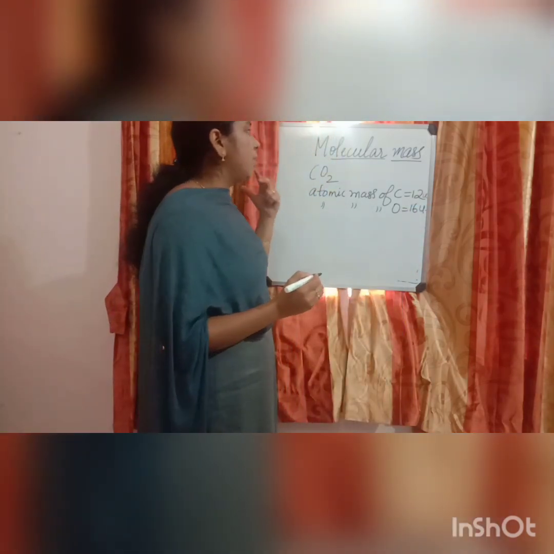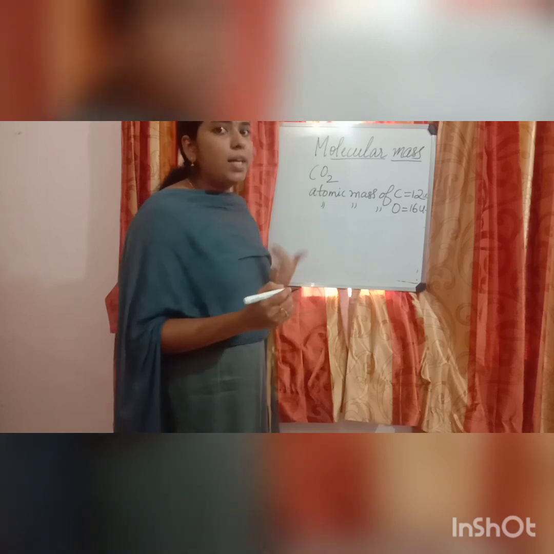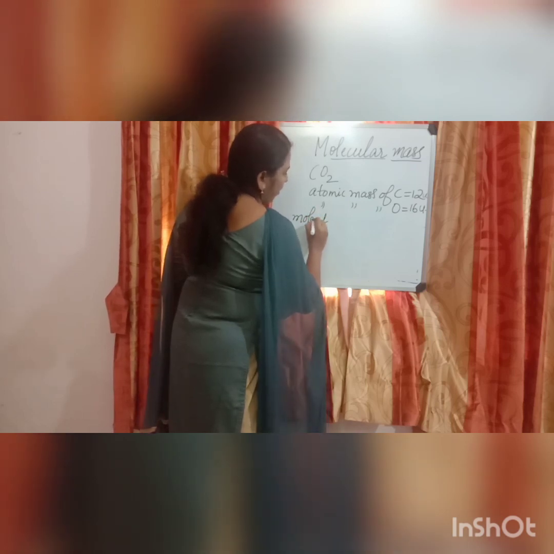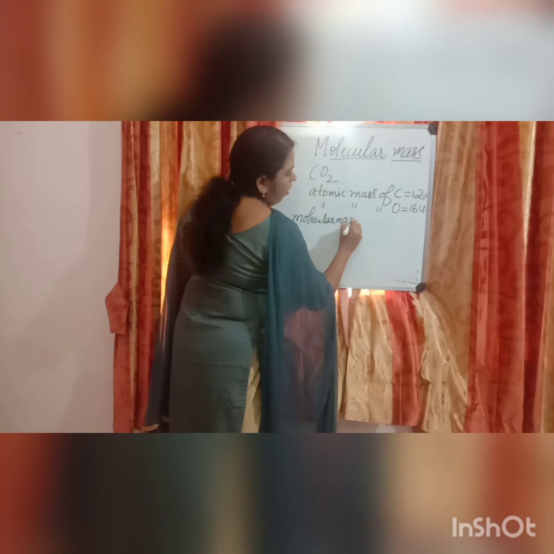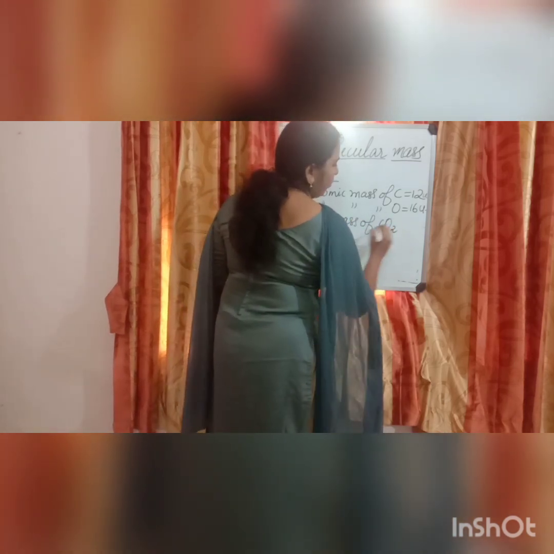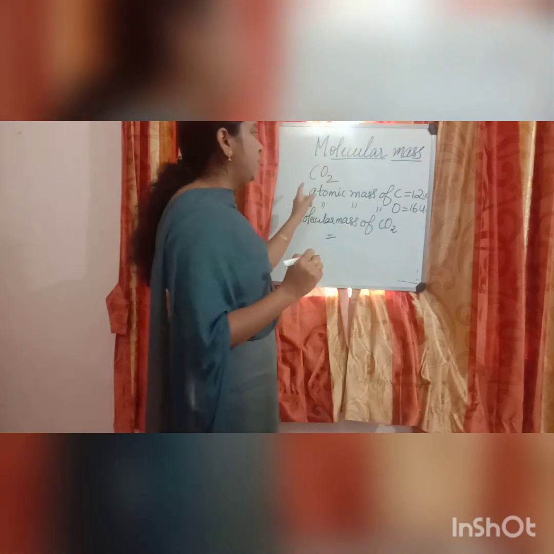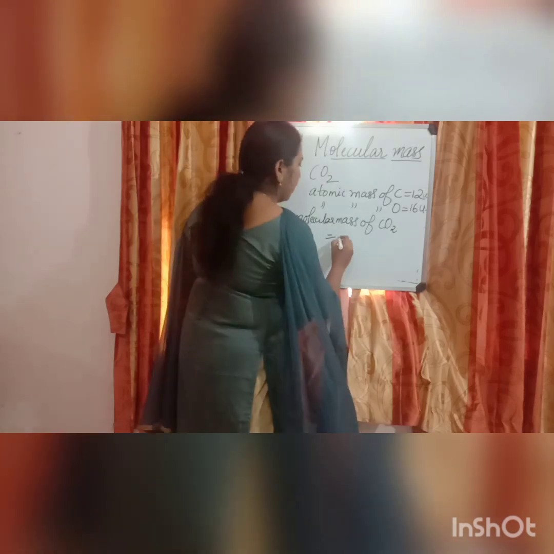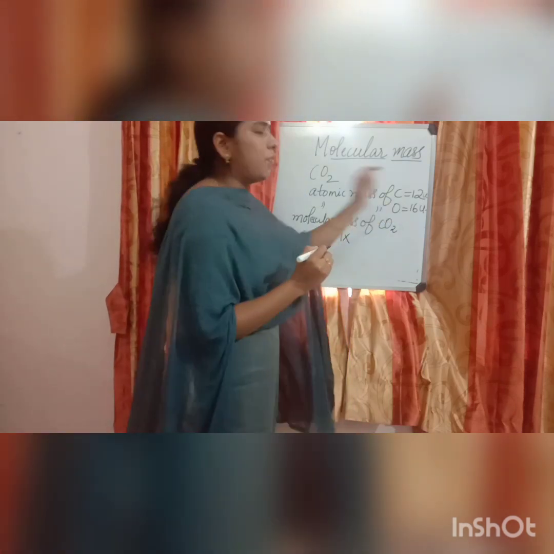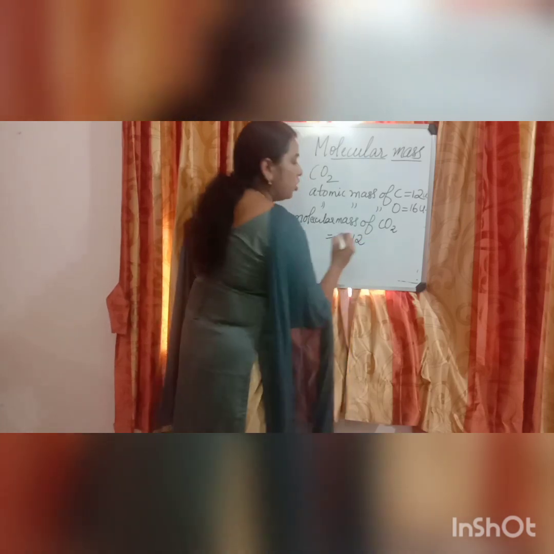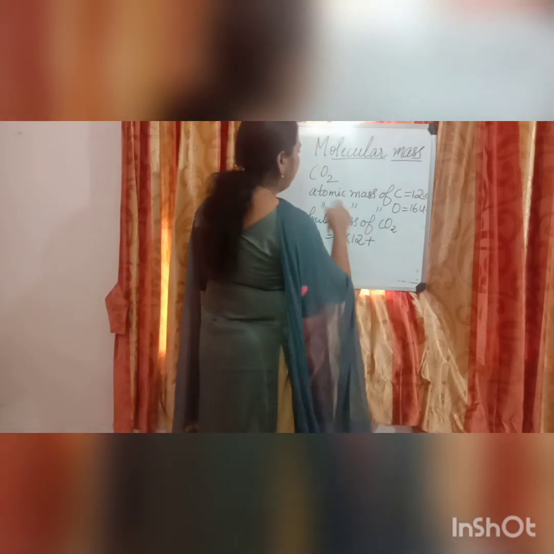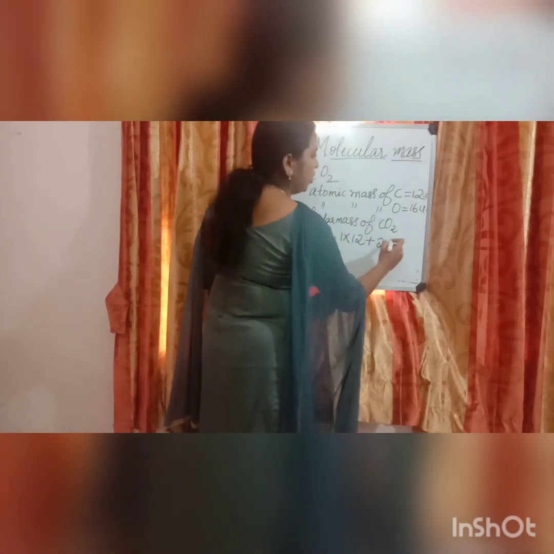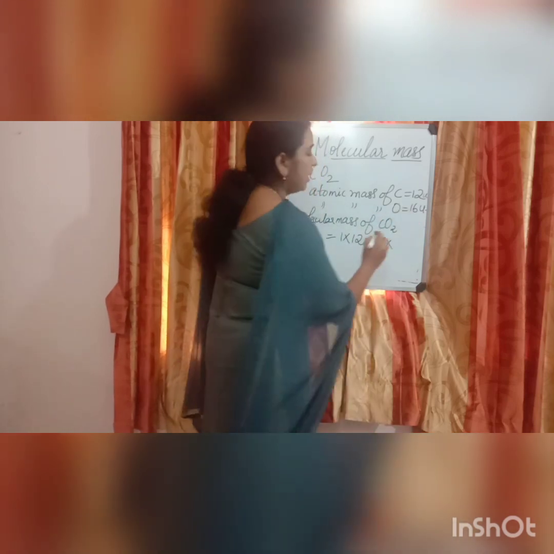Then next we are going to calculate the molecular mass of carbon dioxide molecule. So molecular mass of carbon dioxide molecule is equal to, first you have to consider carbon atom. How many carbon atoms are there? Yes, only one carbon atom. So 1 into atomic mass of carbon is equal to 12. So 1 into 12 plus then oxygen. How many oxygen atoms are there? Yes, 2. 2 into atomic mass of oxygen equal to 16.